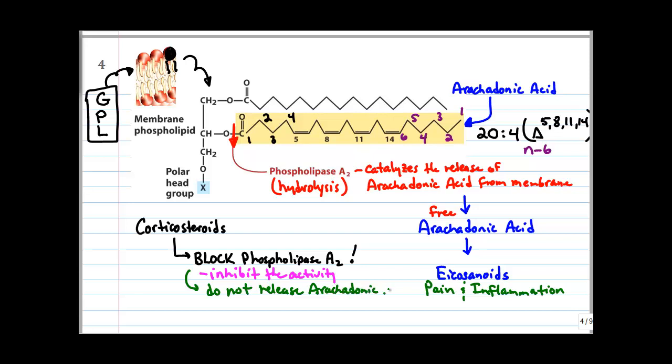And if you do not release arachidonic acid from the membrane, then you basically have a much lower level of pain. Well, in this case, it's really inflammation we're talking about. So you are severely restricting inflammation, and that's what we wanted.